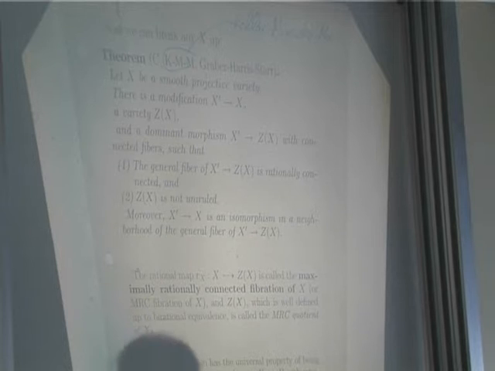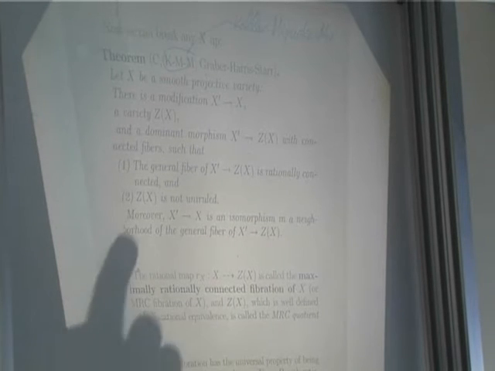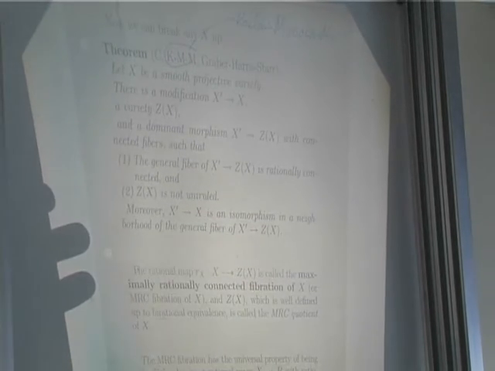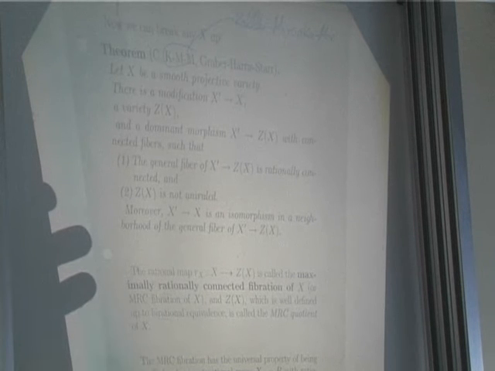And on the other hand, on Z itself, there might be some rational curves, but they are not everywhere. Z is not covered by rational curves, is not uniruled. So everything that can be connected by rational curves is already in the fibers of this map. So this is exactly what it says here: the general fiber is rationally connected, and Z is not uniruled.